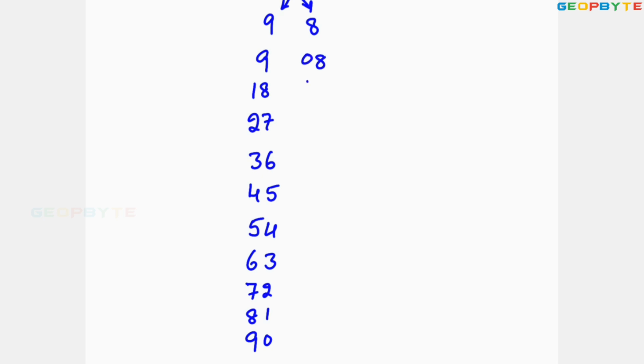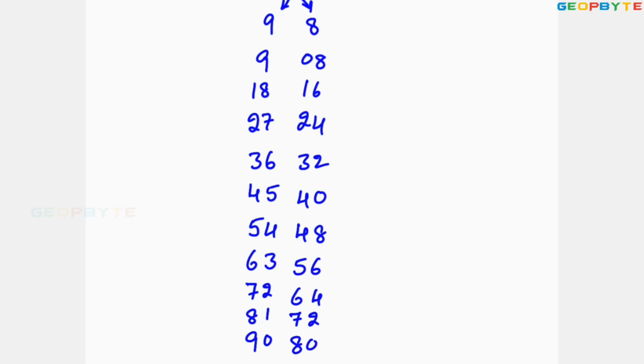8 into 2, 16, 24. 8 into 4, 32, 40, 48, 56, 64, 72, 80. Then you prepare a box.